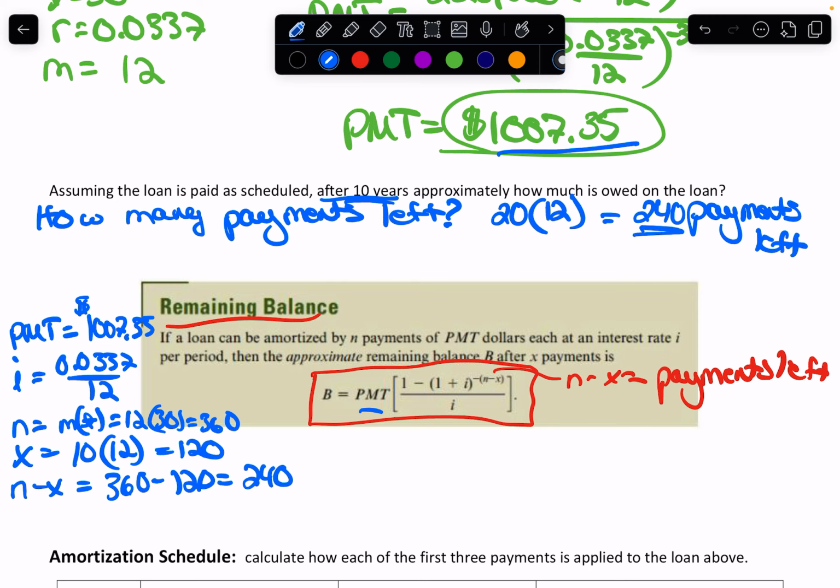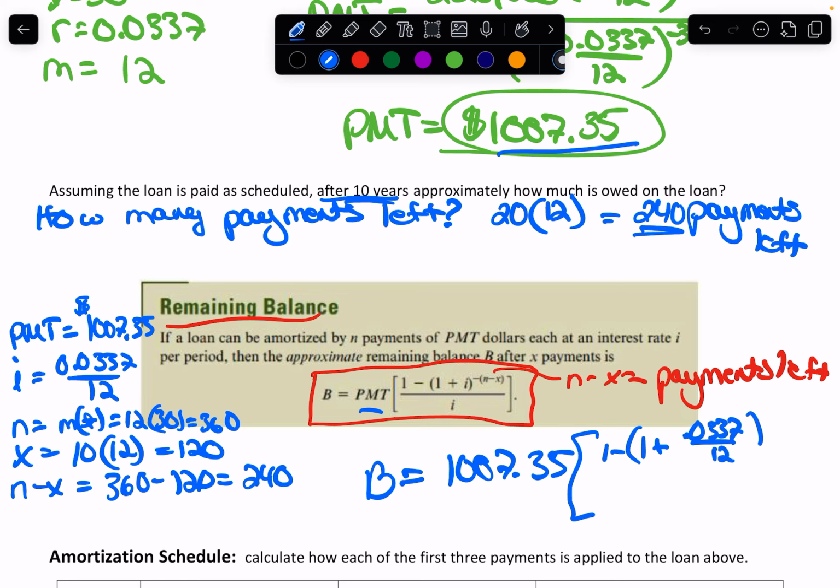Okay, let's plug the numbers in. So B equals 1007.35 times [1 minus (1 plus I), where I is 0.0337 divided by 12, to the power of negative 240] divided by 0.0337 divided by 12, and a bracket closed.